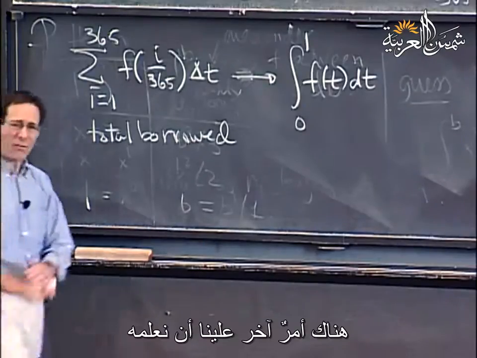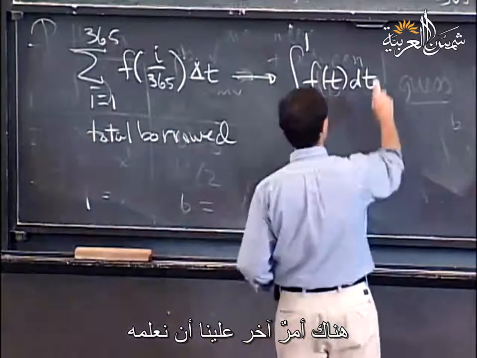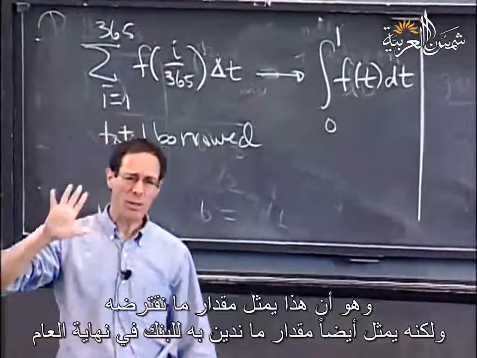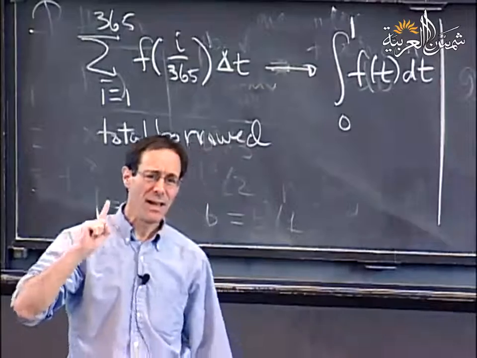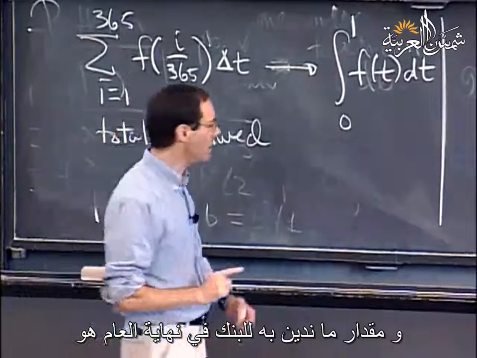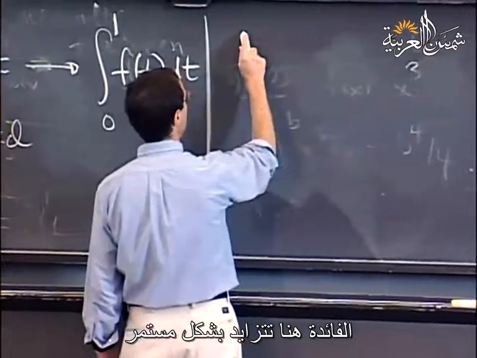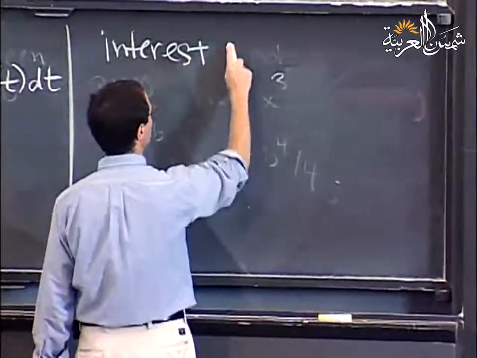Now, however, there's another thing that you would want to model, which is equally important. This is how much you borrowed, but there's also how much you owe the bank at the end of the year. And I'm going to do it in a fancy way. We'll say the interest is compounded continuously.